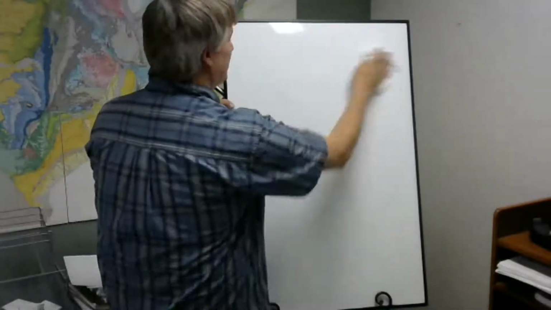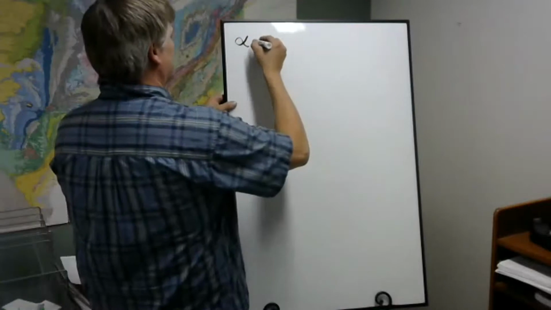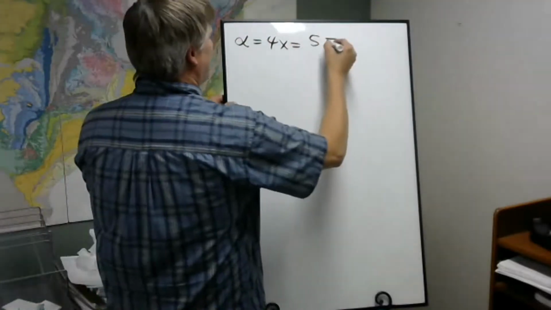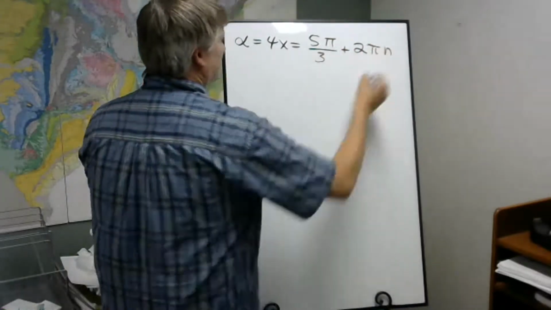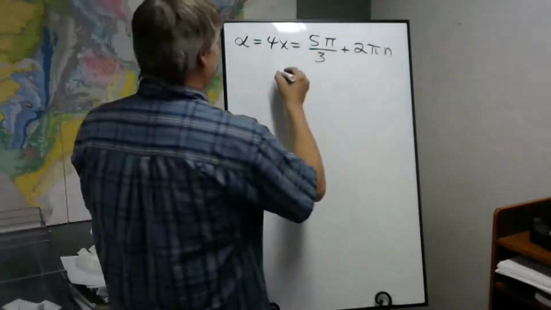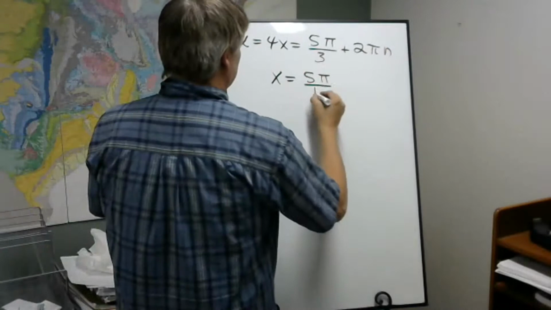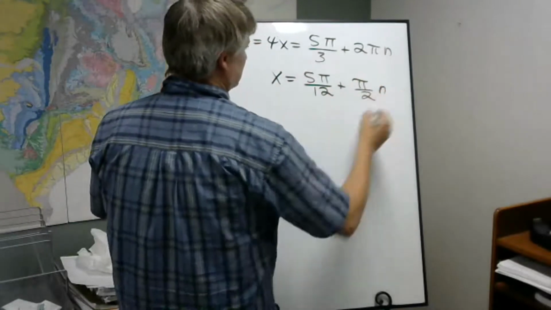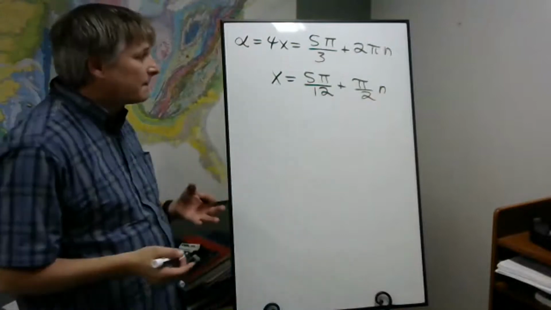Well, here, let me start from the beginning. So for the other result, alpha is 4x, and we have 5 pi over 3 plus the rotations. Again, divide everything by 4. And so far, that's what we've got.